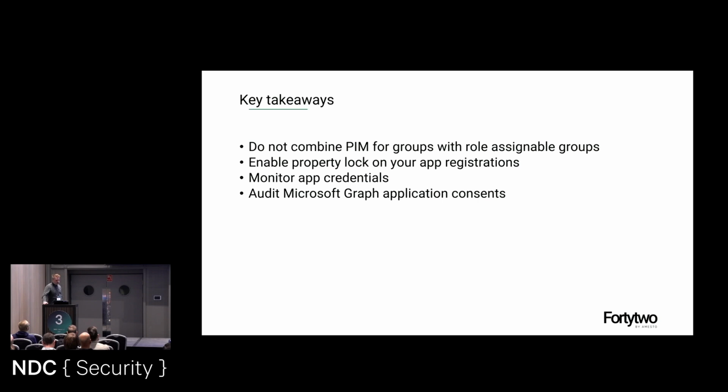You should audit Microsoft Graph application consents, so when new applications are granted access, audit them. But this can also be true for your custom-built APIs or whatever. It's just a bit simpler to show how to elevate permissions in Entra ID, but same thing for all of your custom apps and APIs.